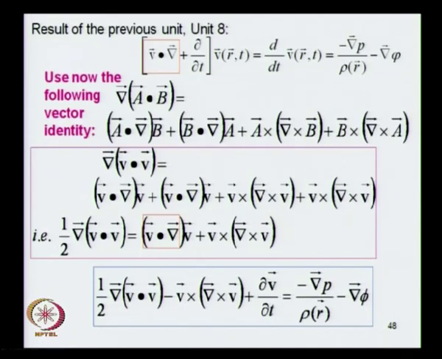And where do we want to use it? We will replace this operator V dot del over here. So, V dot del operating on V is given by this term, which will be half of this minus V cross curl of V. So, that is what I have got over here.